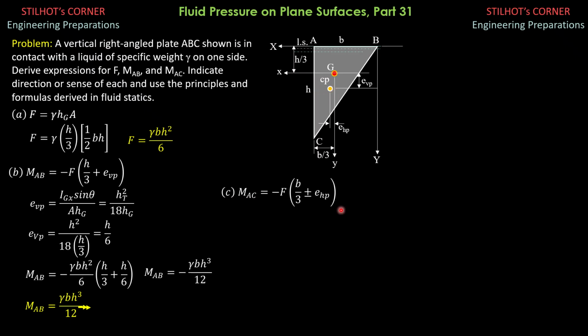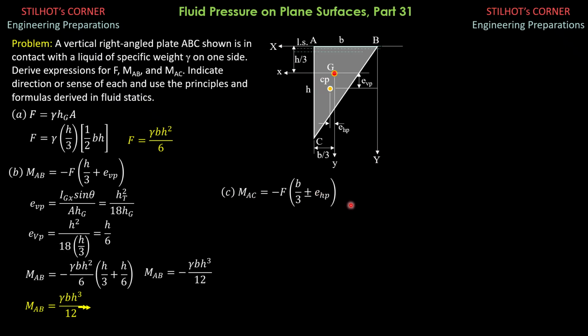So if it is negative, it should lie here. CP would be lying here. So moment about AC would be negative of F quantity B over 3 then plus. So positive. If it is negative, it lies here, but we treat it positive. So plus AHP.